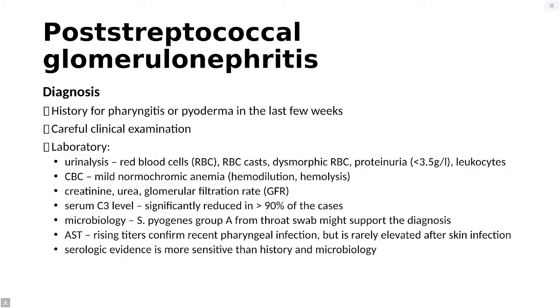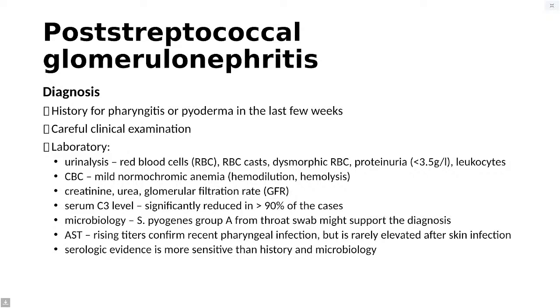Creatinine and urea are elevated, and glomerular filtration rate is decreased. Serum C3 level is significantly reduced in greater than 90% of the cases of post-streptococcal glomerulonephritis. Very typical. You have to know this laboratory test. What about microbiology?